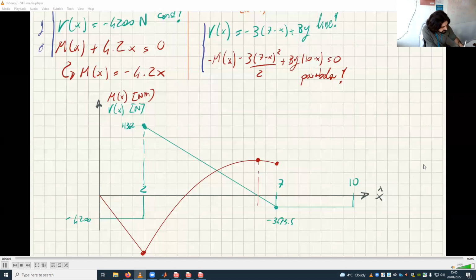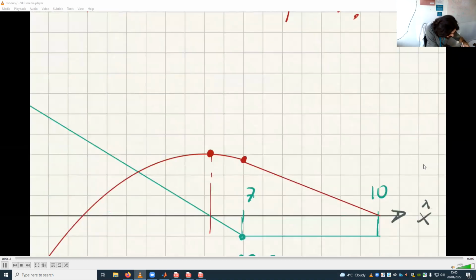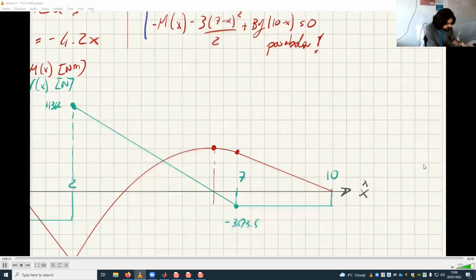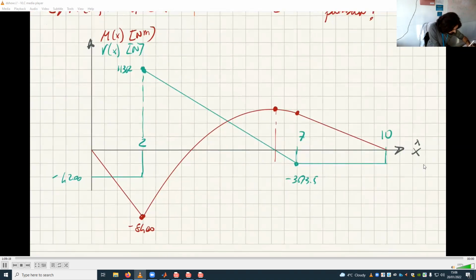And this is the linear part of the bending moment that should connect to this. There you go. So you have line, parabola, line. And here you have constant, line, constant.